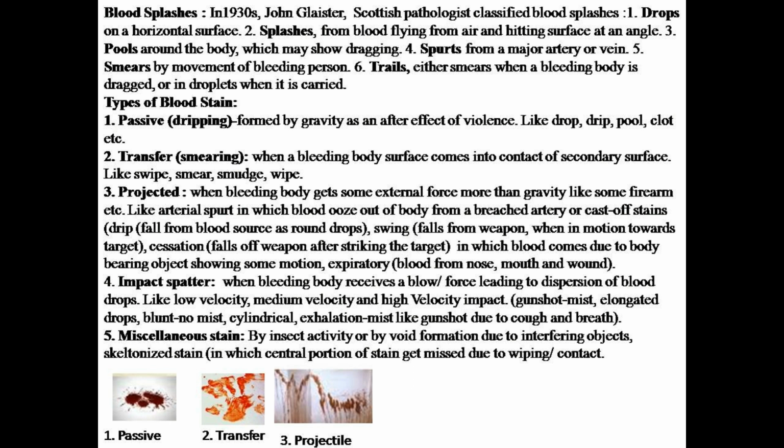This may be due to the involvement of certain kinds of firearms which have caused various types of wounds due to violence. Again it could be of 2 types. One is arterial spurt, in which the blood has come out due to the pressure of a breached artery, or it might be cast-off stains, in which the blood is released from the body in a particular motion.